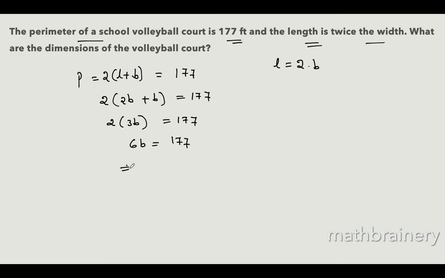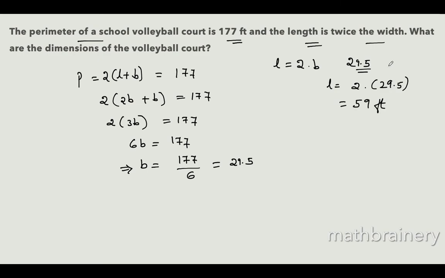That implies your B is 177 upon 6, which is 29.5. So if the width is 29.5 feet, then your length must be 2 times this 29.5, that must be 59 feet.